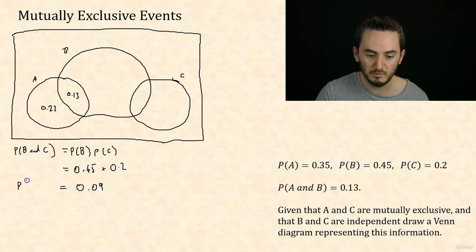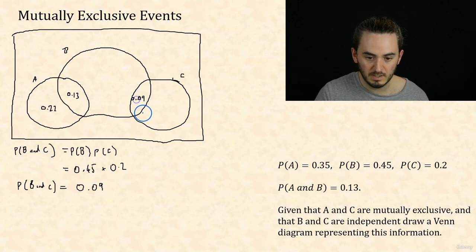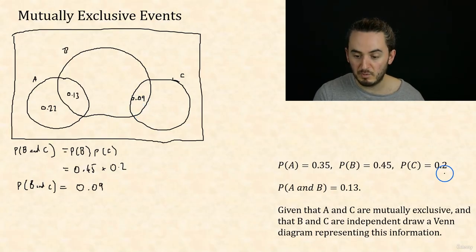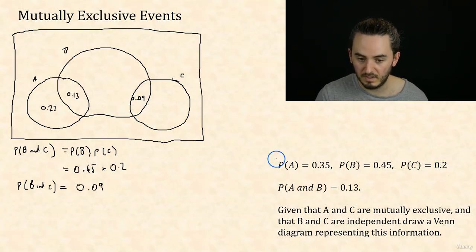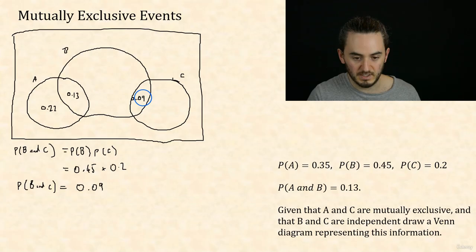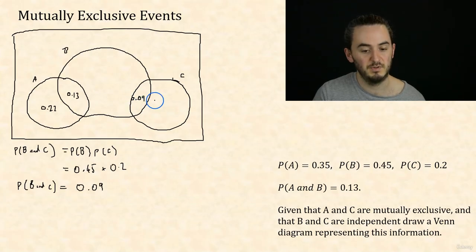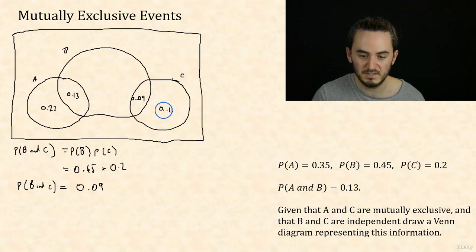So now I know the intersection of B and C, so I can fill that in: 0.09. Since C is 0.2, and I've already got 0.09 of it, I can do 0.2 minus 0.09 and get 0.11 as my probability of this little region.